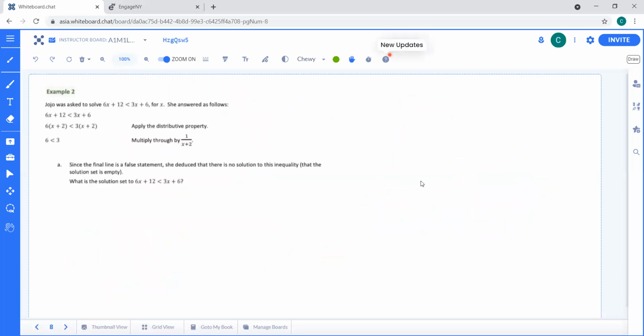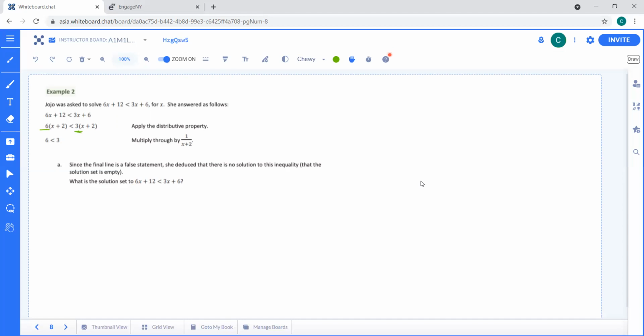Let's see here. All right, JoJo was asked to solve 6x plus 12 is less than 3x plus 6 for x. All right, let's see what she did. She factored out the 6. She factored out the 3. And so she just said 6 is less than 3.